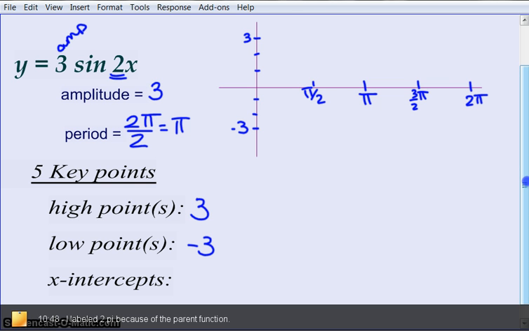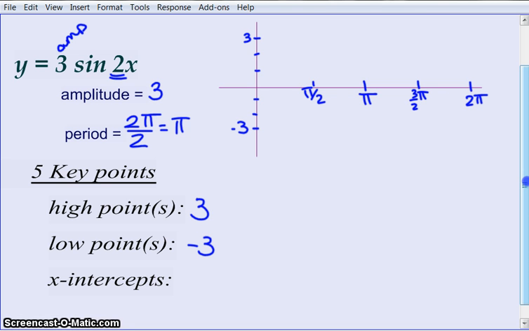Where will this thing cross the x-axis? Well, let's take a look at graphing this. It's the sine function, so it's got to start here at 0. It's going to finish one full cycle here, so it finishes half a cycle at half a pi. That means that halfway between 0 and half a pi, it hits its high of 3.